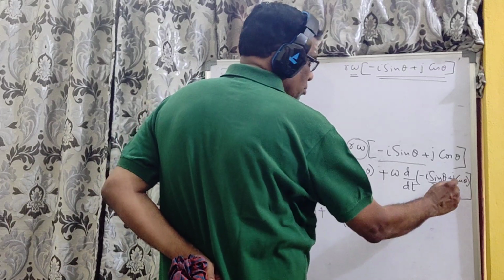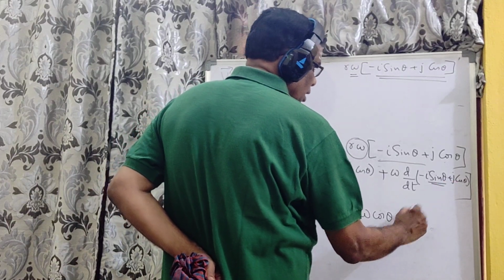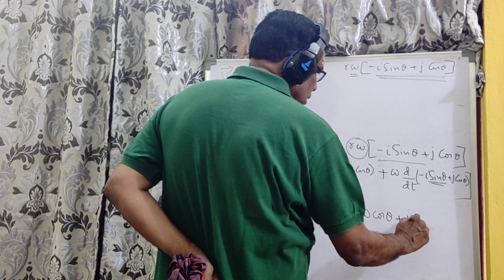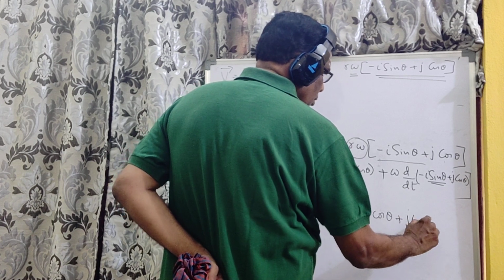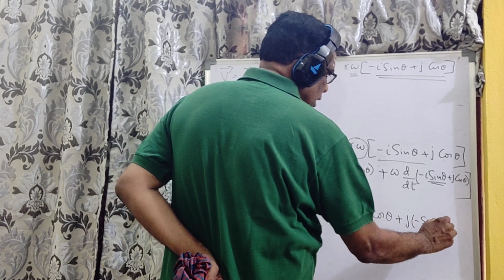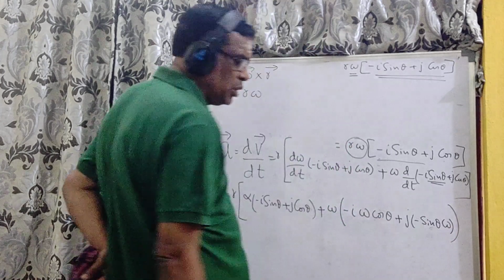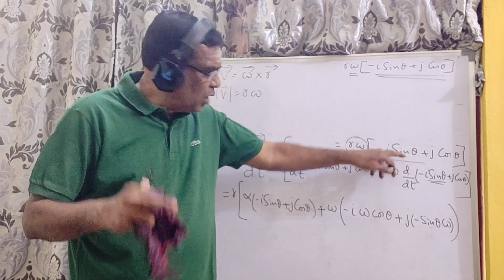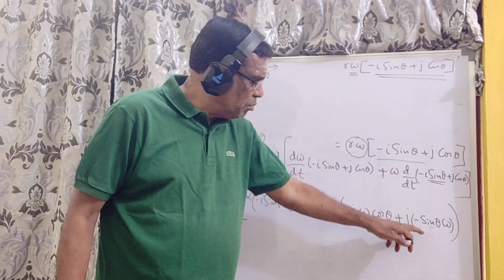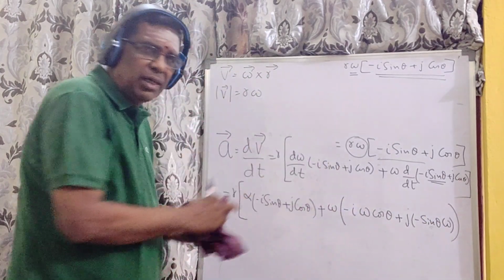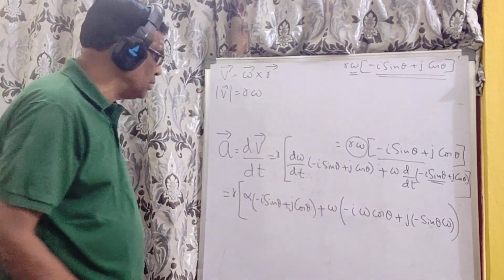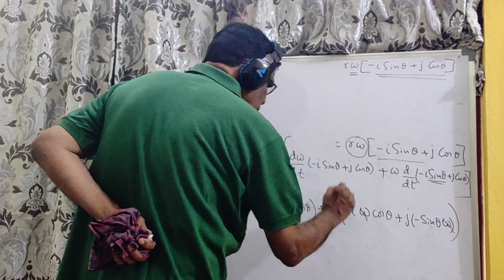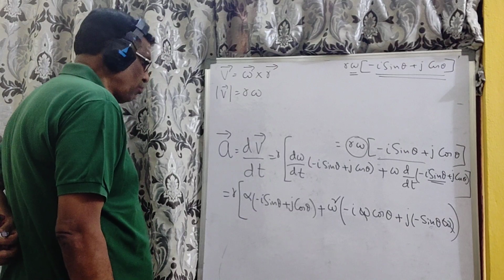Similarly, plus j cos theta gives minus sin theta omega. I hope you are able to follow this. The derivative of sin theta is cos theta omega. The derivative of cos theta is minus sin theta omega. I have put it a little while ago. You can go through that part. Now, you look, this omega common here becomes omega square.